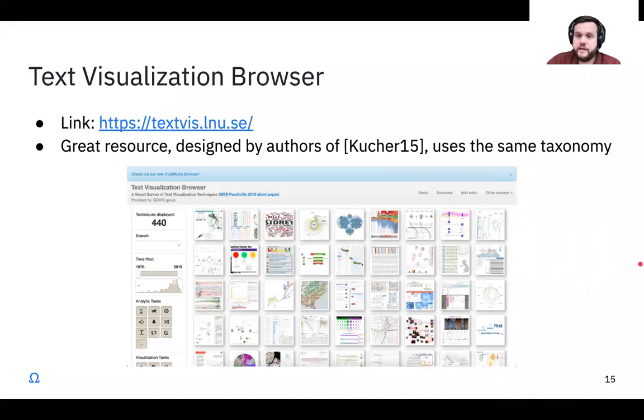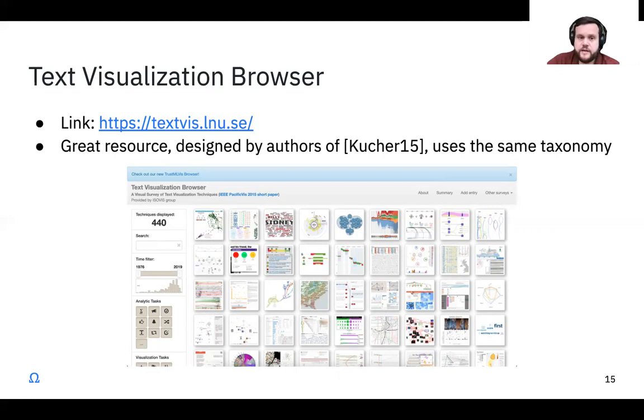Before we start delving into the visualizations proper, there's a great resource, again, linked to the lecture slides here. The authors of the taxonomy that we have just talked about have done a rather comprehensive survey of text visualizations in existence, also with links to papers.